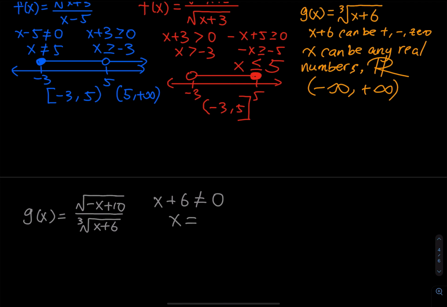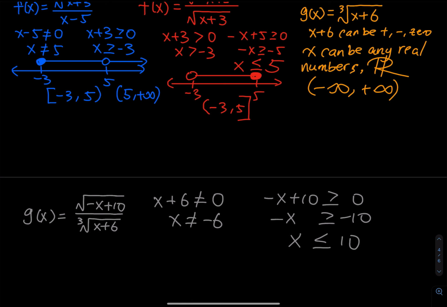So x cannot be equal to negative 6. And then the top, negative x plus 10 must be greater than or equal to 0. So negative x greater than or equal to negative 10. And then you divide or multiply both sides by negative 1. So x must be less than or equal to 10. And then this is the answer.